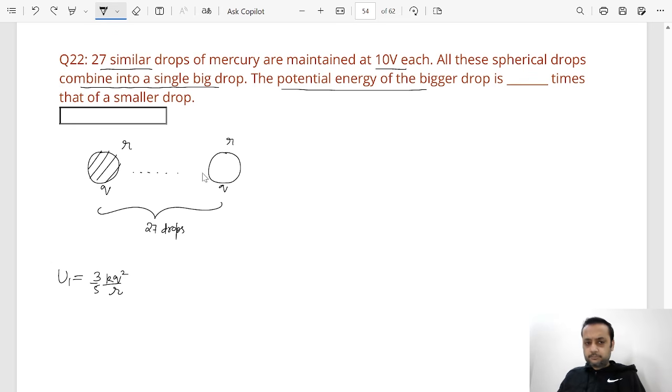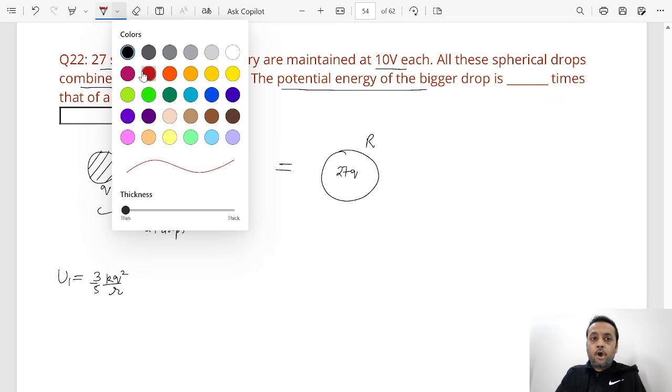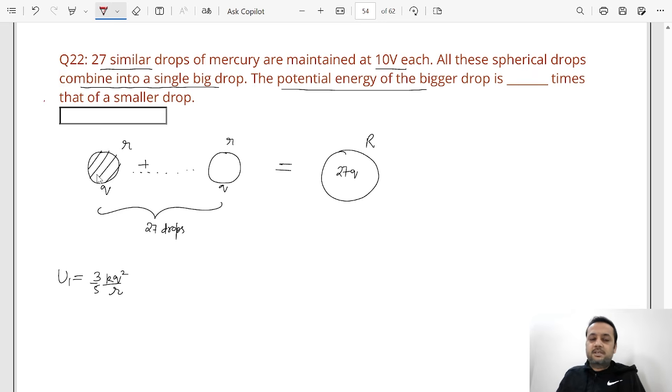Now all these drops combine to form one big drop. Let us say this big drop is of radius R. Naturally, the total charge here will be 27q, because 27 drops have combined, so total charge remains conserved. Also, using volume conservation, the total volume of the mercury stays constant.